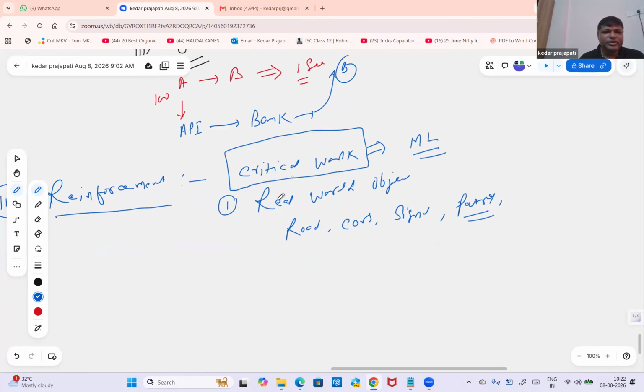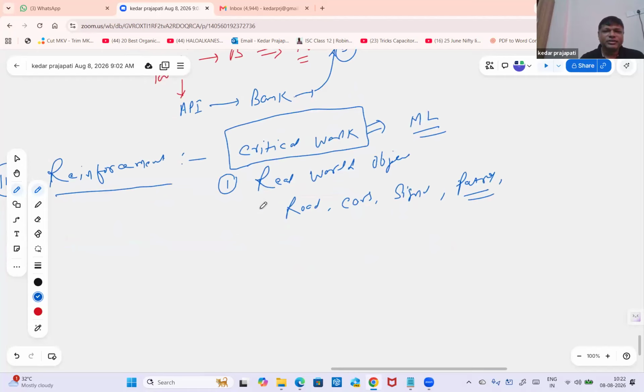So if you are doing some critical work, you will use reinforcement learning, and here we will give reward and punishment.